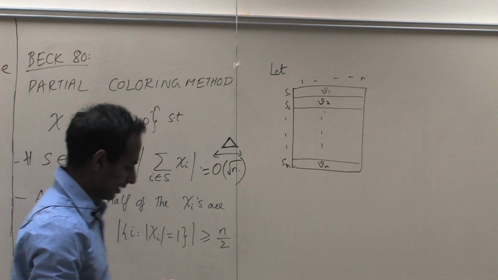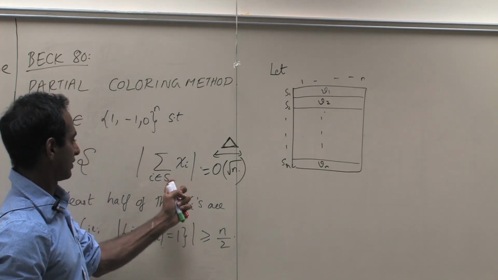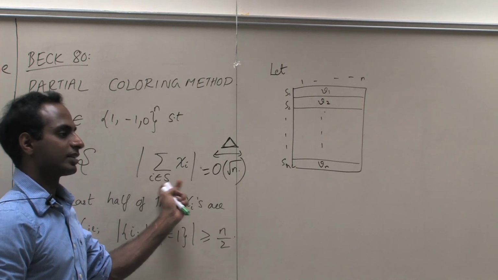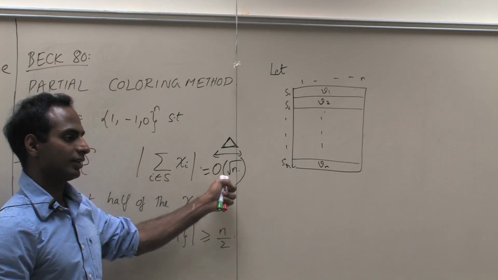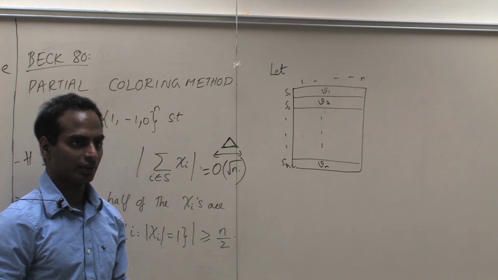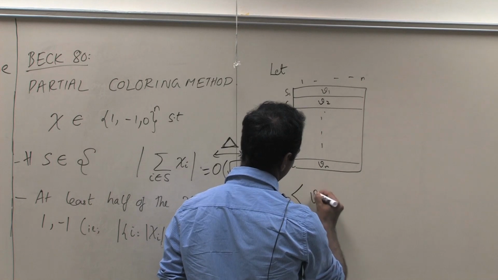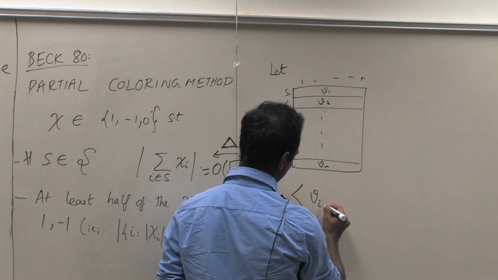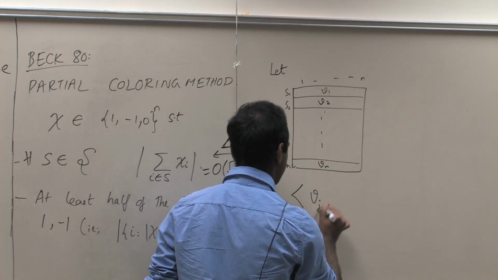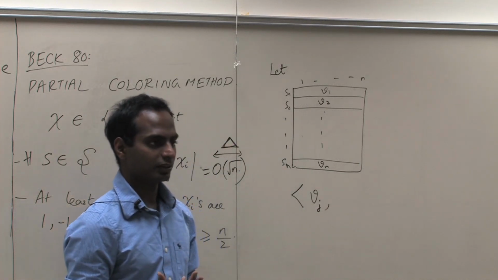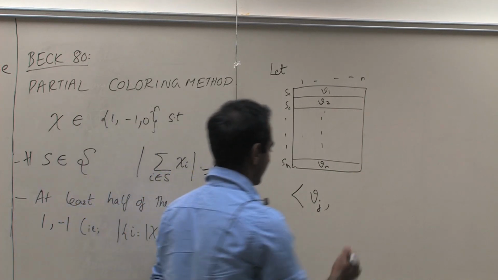Now there's a different way of writing down this condition, that the sum of the entries of chi in the set S is at most delta. How? Well, I can look at the inner product of Vj with the vector chi.